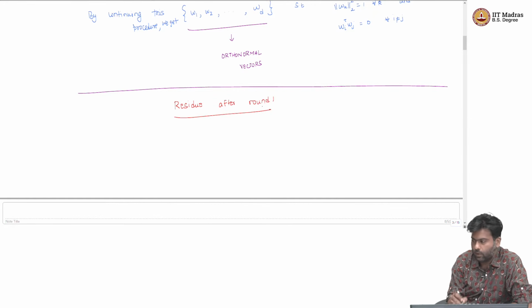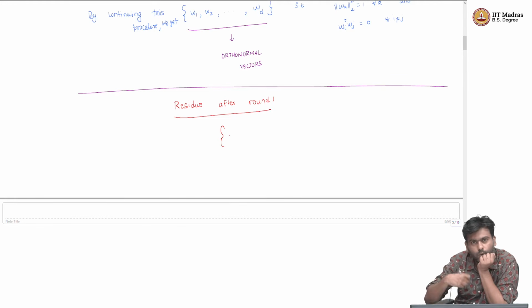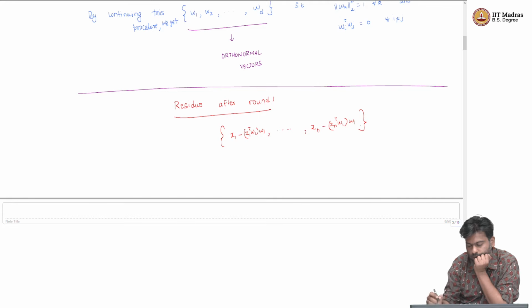So, we know the residue after round 1, the data set that is used to compute W2, is of this form, right. So, x1 minus x1 transpose W1 into W1, dot dot dot, xn minus xn transpose W1 into W1, where everything is in R^d.